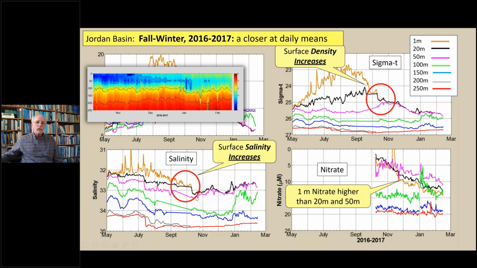At the same time, we also see a sharp increase in salinity, and these are at the surface now. And at the same time, here are the nitrate values. This brownish color here is the surface nitrate, and the nitrate concentrations on the axis are reversed. The highest are downward, so we see this higher nitrate at the surface than we do at 20 and 50 meters.